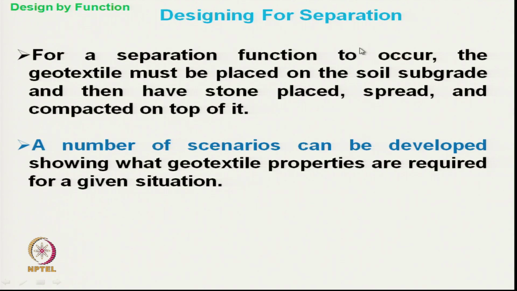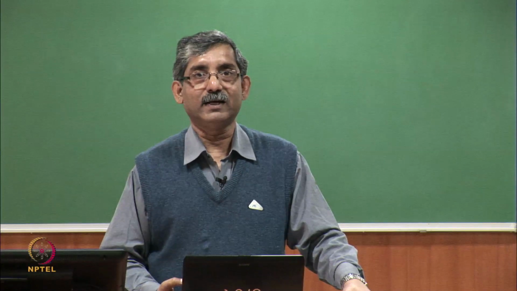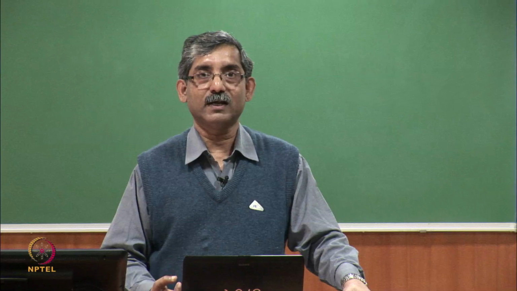Designing for separation: for a separation function to occur, the geotextile must be placed on the soil subgrade, and then the stone is placed, spread and compacted on its top, that is the separation function. Here the stone will try to push the geotextile against the soft soil, and soft soil will push inside, push geotextile up.